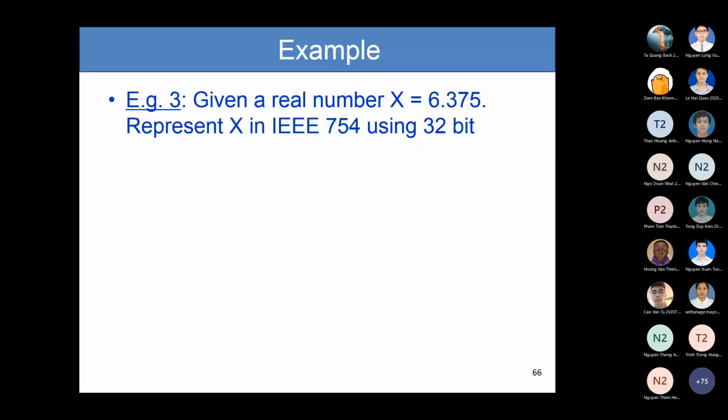So the representation of 6.375 equals, okay, 0 for the sign, this one for the exponent, and also this one for the mantissa.